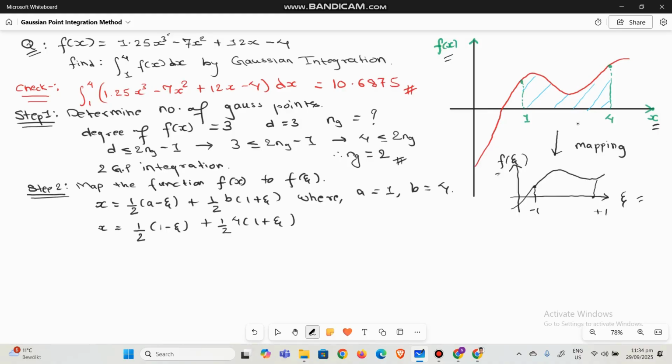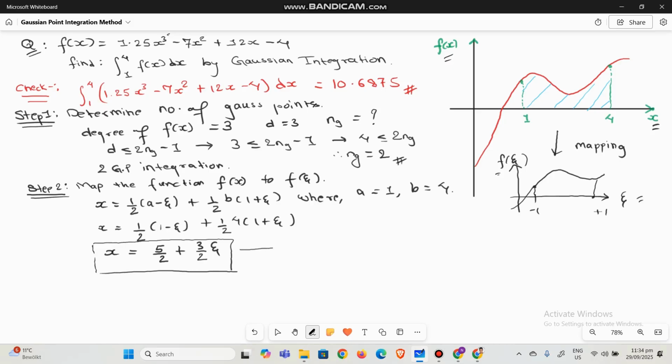So x equals 1 by 2 times 1 times (1 minus xi) plus 1 by 2 times 4 times (1 plus xi). If you solve this, you will get x equals 5 upon 2 plus 3 by 2 times xi. This is one relation that we will use, okay?